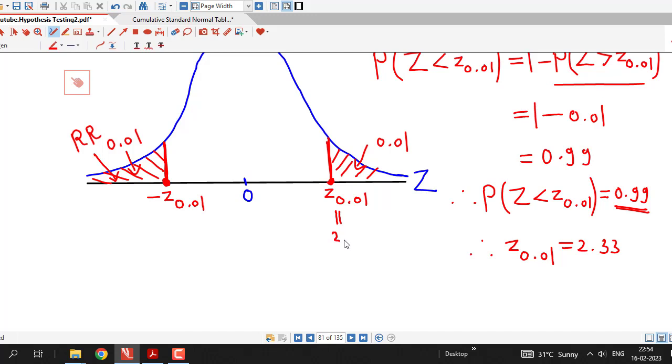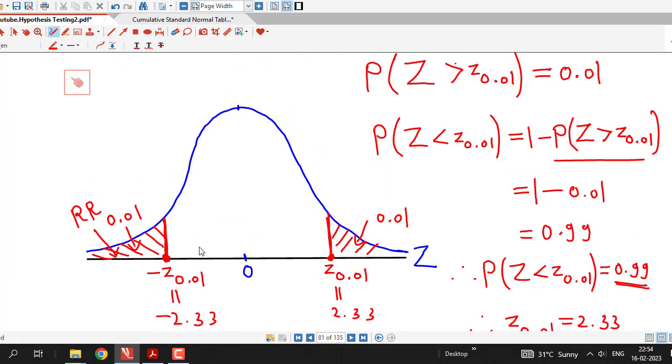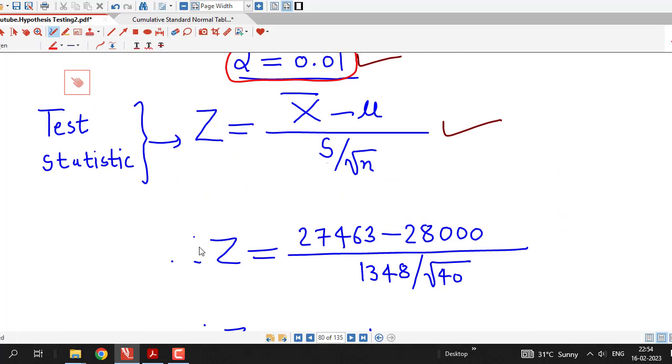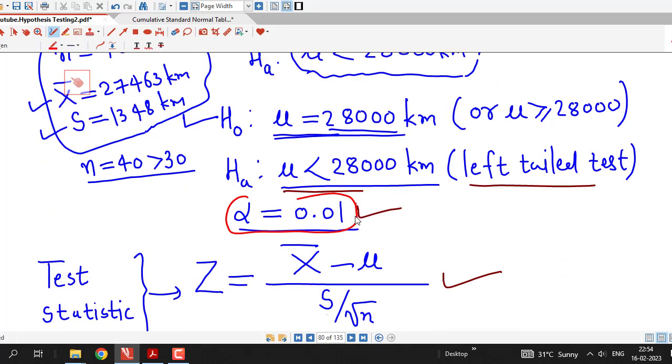That means this value is 2.33, and this is also minus 2.33. Because we have a left tail test, we consider alpha equal to 0.01 as it is. If it is a two-tailed alternative hypothesis test, then we have to divide alpha into two equal areas by dividing alpha by 2.